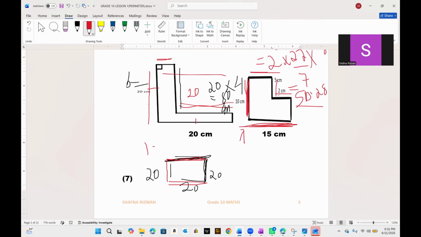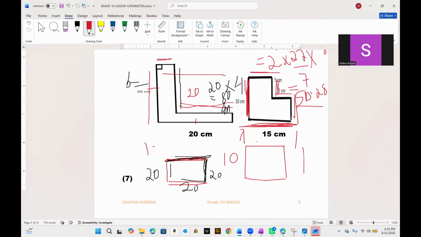Here also it will become 10 centimeter only, just short and tall like this. And the top and bottom part, 15 means up also it's 15 only. Can't you all see it's becoming like a rectangle? Only the measurement is different.